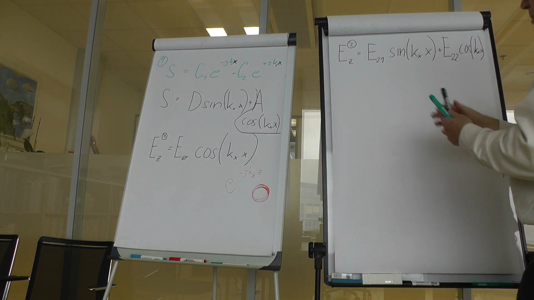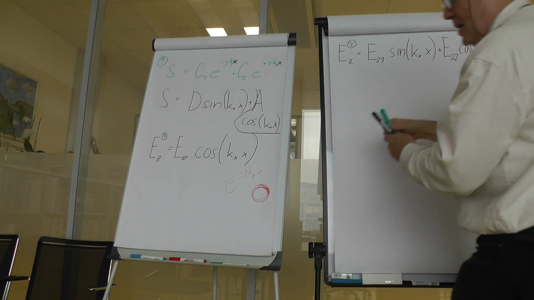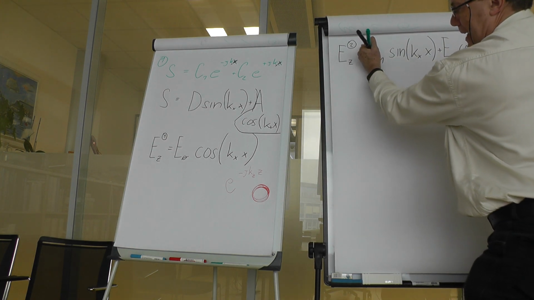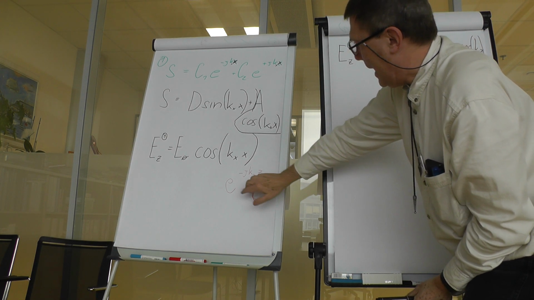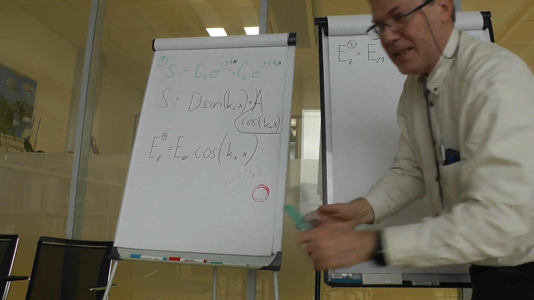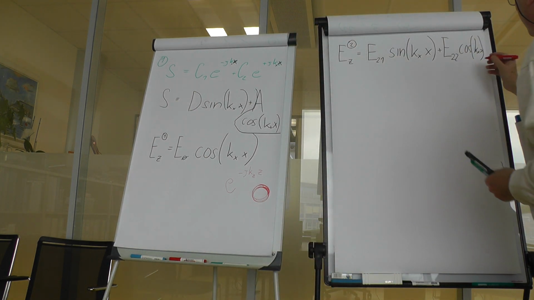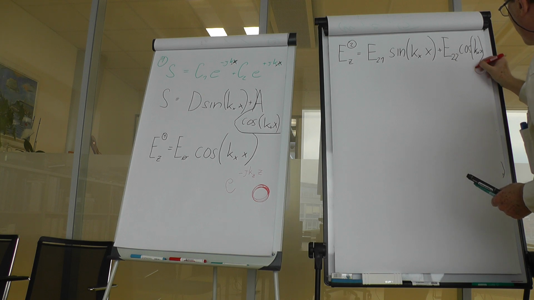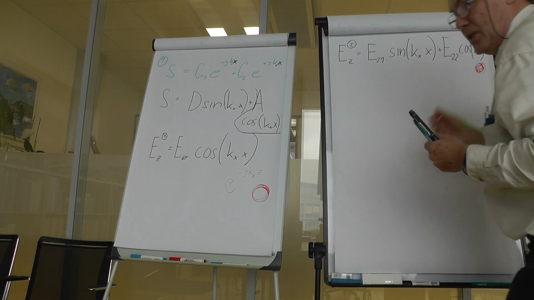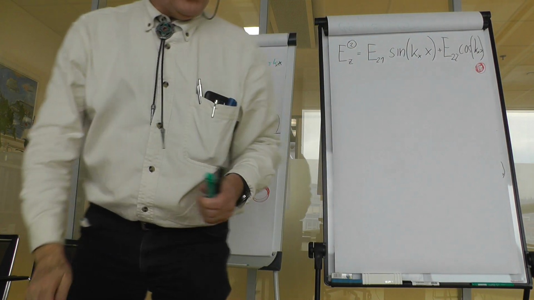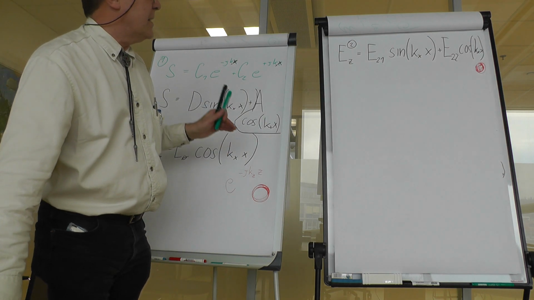And now still remember that in fact we would have to put this into brackets and multiply by e raised to minus jkz z. For this I have already said that I will just use the red dot. So now we have the situation in the second layer.